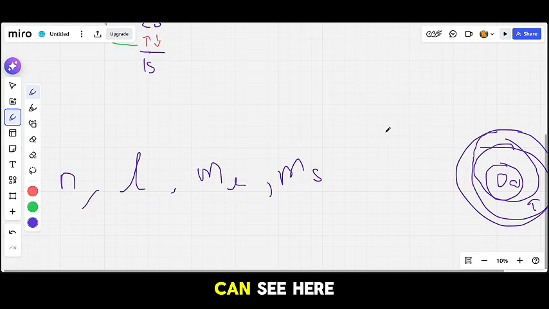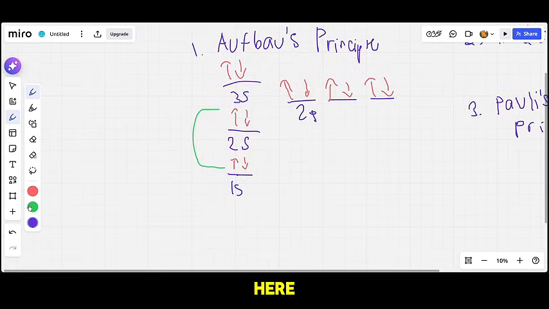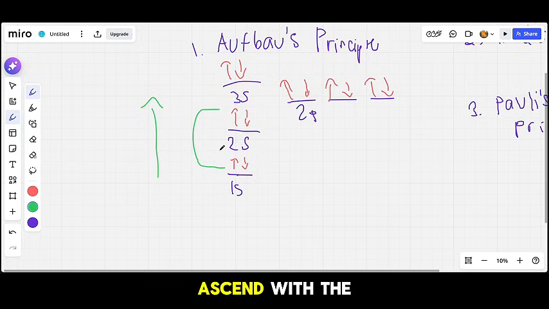If you look at the diagram again, we described the diagram as going up in energy levels. As we ascend the orbitals here, obviously the energy levels are going to go up, right?